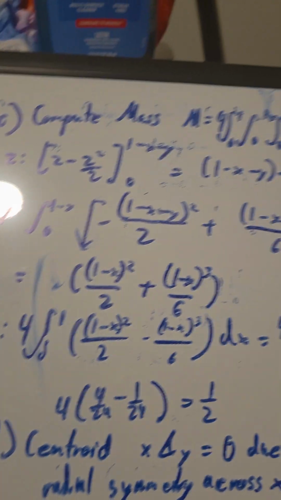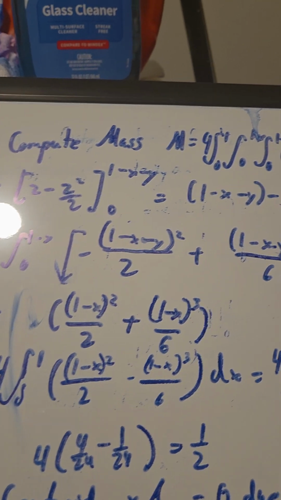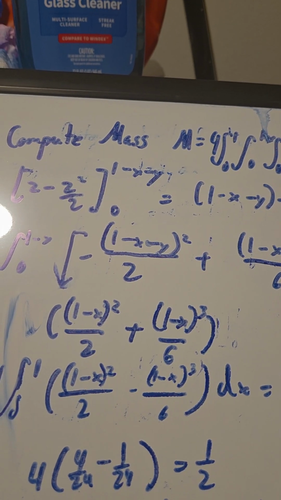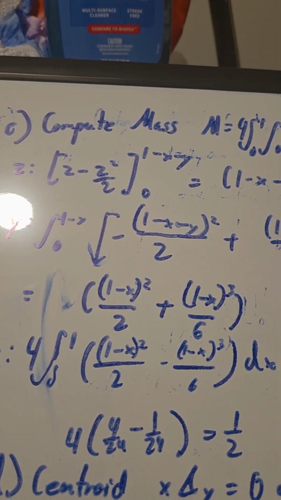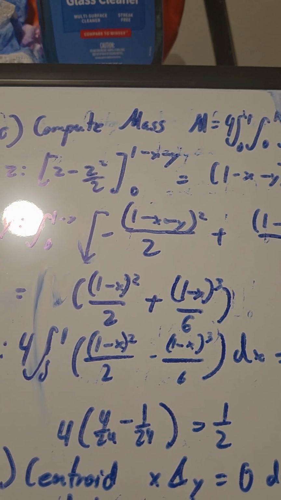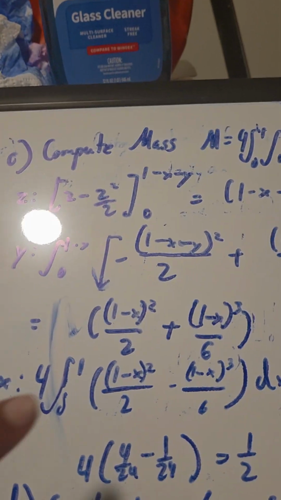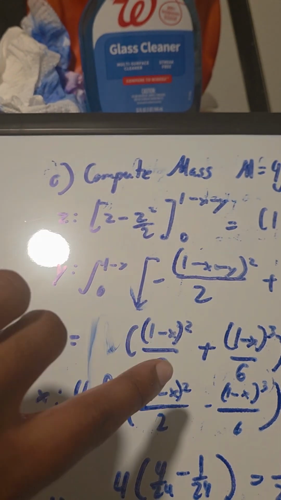Okay, I'm back. When you evaluate the upper limit, it becomes 0, because y equals 1 minus x, so both terms become 0. When you evaluate it at the lower limit, both terms remain 1 minus x. So in front of this, which you actually see this smudge erased for, is 0 minus this.